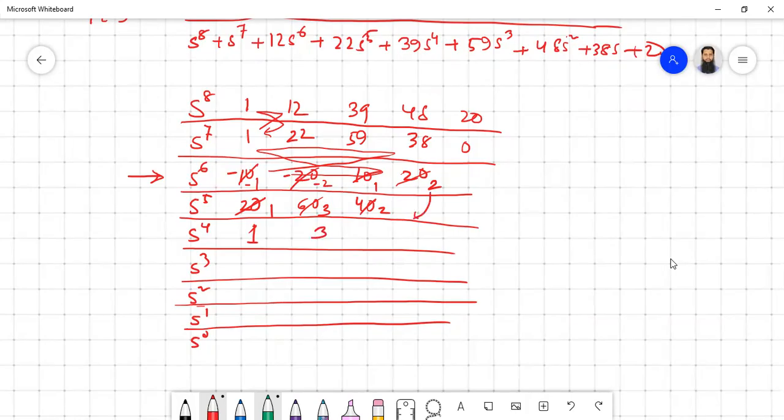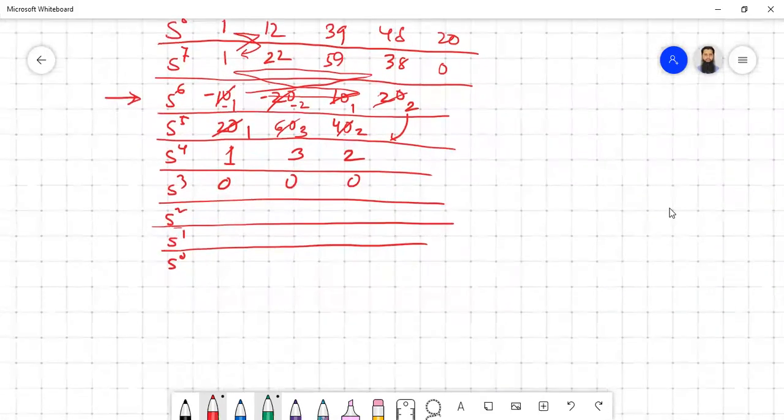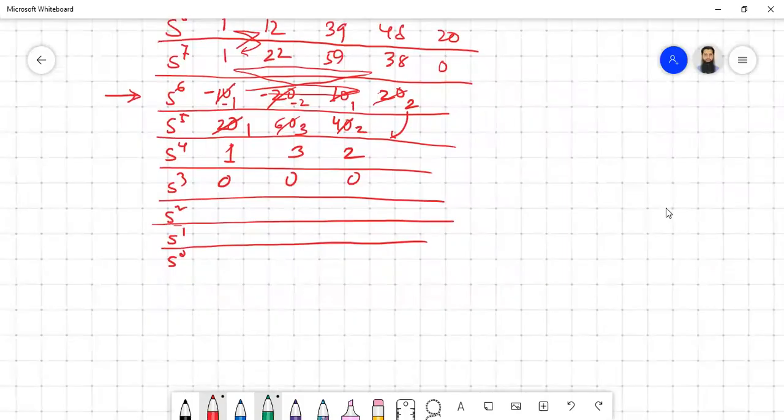This 2 will be going there as well. So now you have 1, 3, 2, 1, 3, 2. So basically, definitely, if you know 3 minus 3 is 0, 2 minus 2 is 0. So you can also replace it with 0. So now you have reached the condition of entirely 0 row.